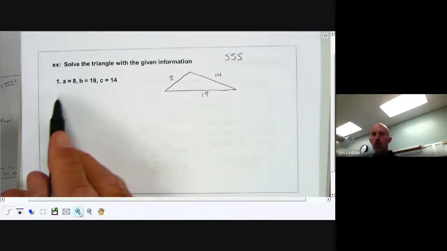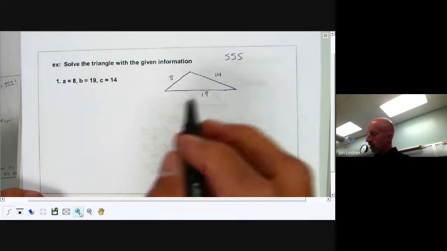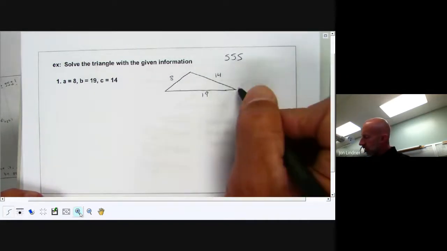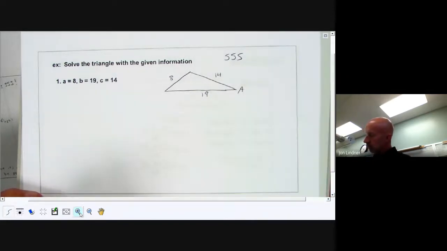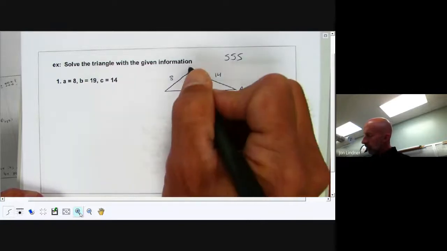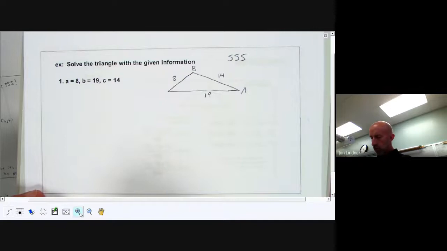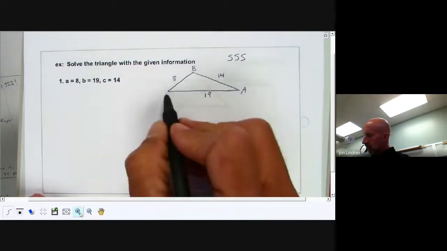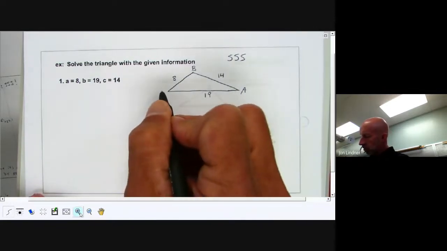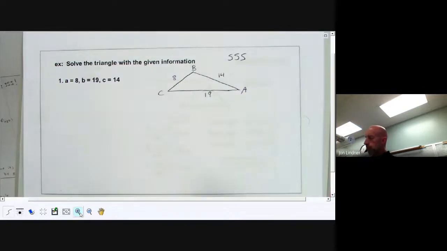And because of what we were told, A is 8, so that makes this angle A. B is 19, that makes this angle B. And C is 14. Okay.